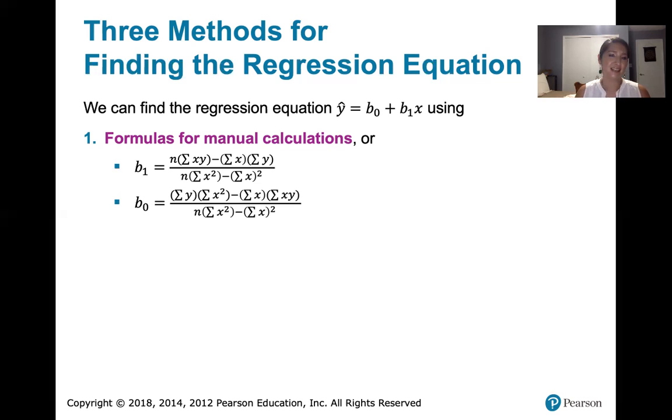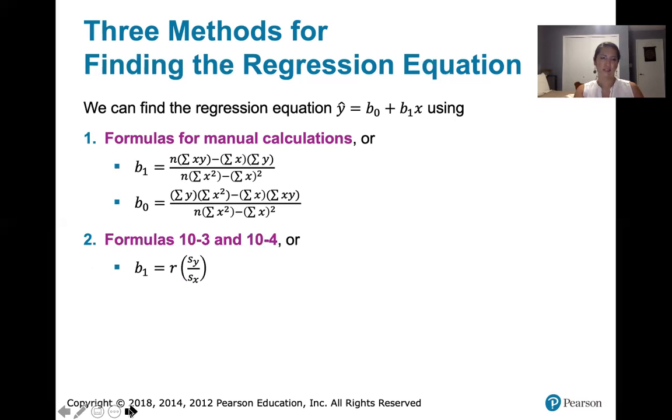Once you understand these formulas and how they work, and you really understand that those b sub 0 and b sub 1 values come from the data themselves, then you can not use these formulas and use other formulas instead, or use technology in order to come up with b sub 0 and b sub 1. All of that is fine, but you should know that those are sample statistics that are actually based on our data, and this is how they're based on our data.